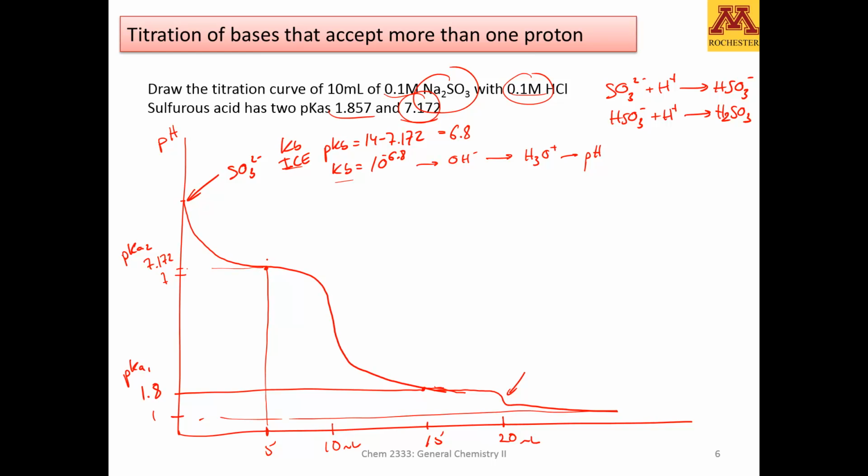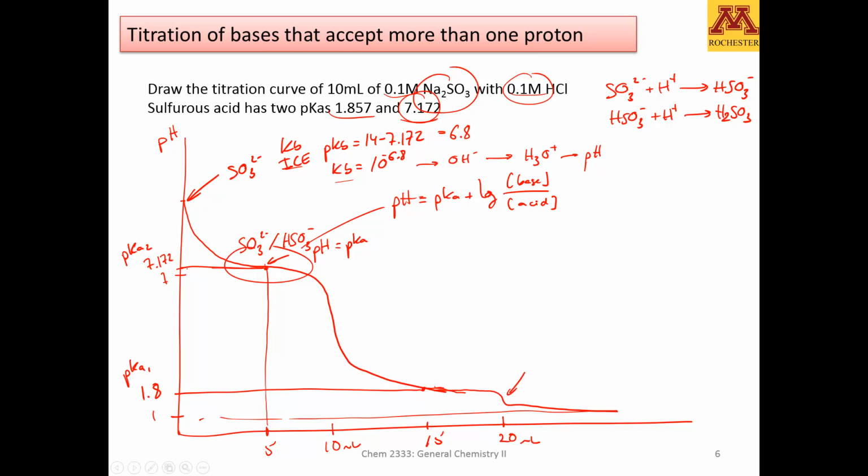Luckily, in here, what you have is a mixture of sulfite and hydrogen sulfite, and the pH here is equal to the pKa. How can one calculate the other points? Well, in this area we can use the Henderson-Hasselbalch equation: pH equals pKa plus the logarithm of base over acid.